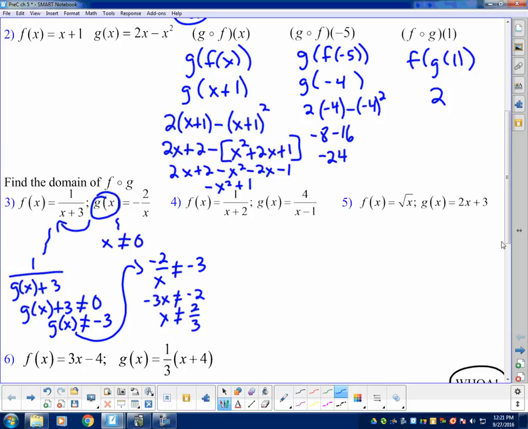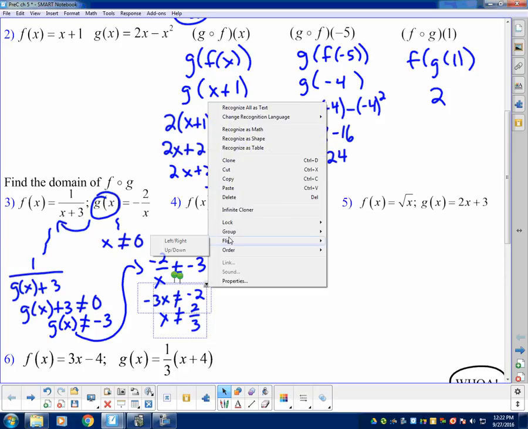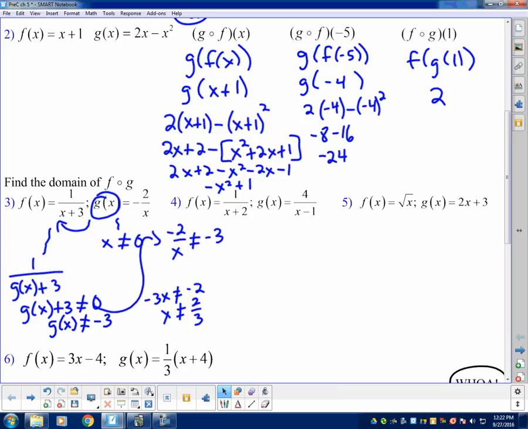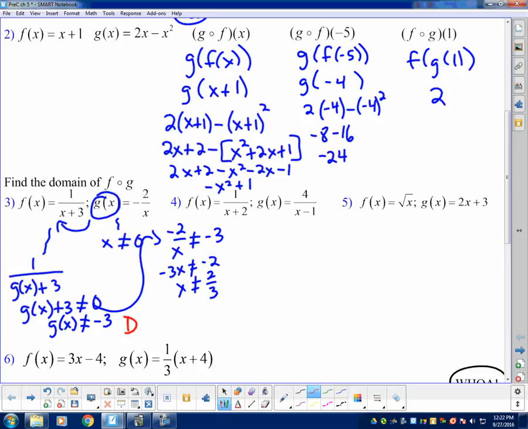the way they will do it in the textbook, and I think I need to talk about this with you because this is new, is they will label it like this. You need to write this down. You may even need to write some notes on this. Let me group these. All right, so they'll write these fancy brackets.